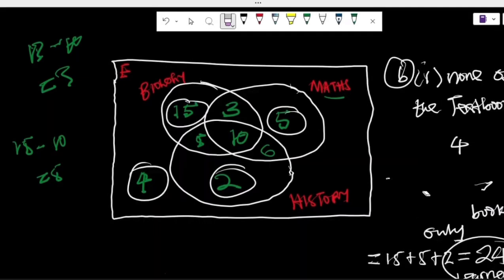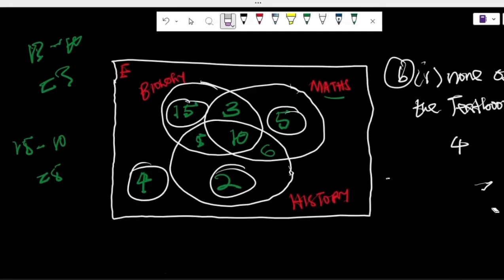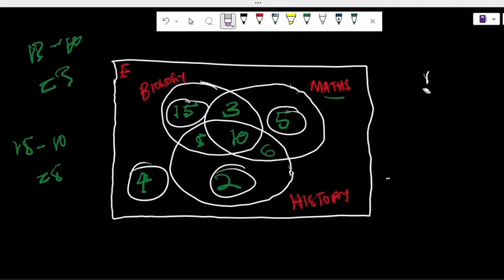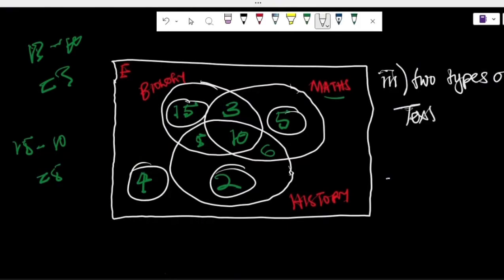Then the last question is, how many learners collected 2 types of textbooks only? So here it is quite clear.